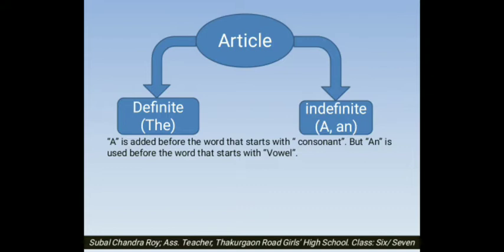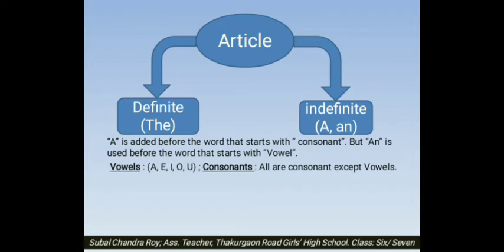Okay, dear student? So if we understand these words, we can know what are the vowels and consonants. In our alphabet, A, E, I, O, U, these 5 letters are vowels.